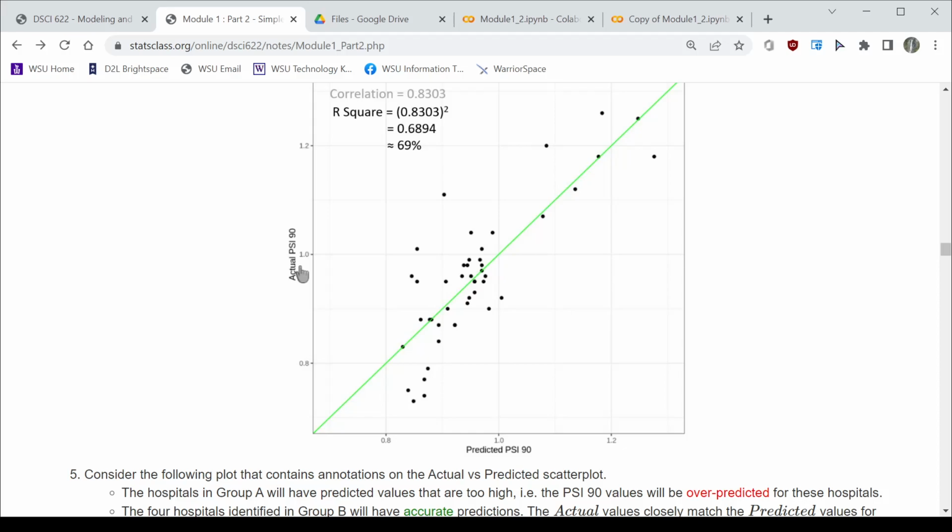So the amount of agreement between the actual and predicted PSI is very, very high when the R-squared is near 1. If the R-squared is near 0, these points are just going to be kind of scattered all over the place, and there's not going to be any agreement between the actual and the predicted. So the R-squared quantity ranges from 0 to 1.